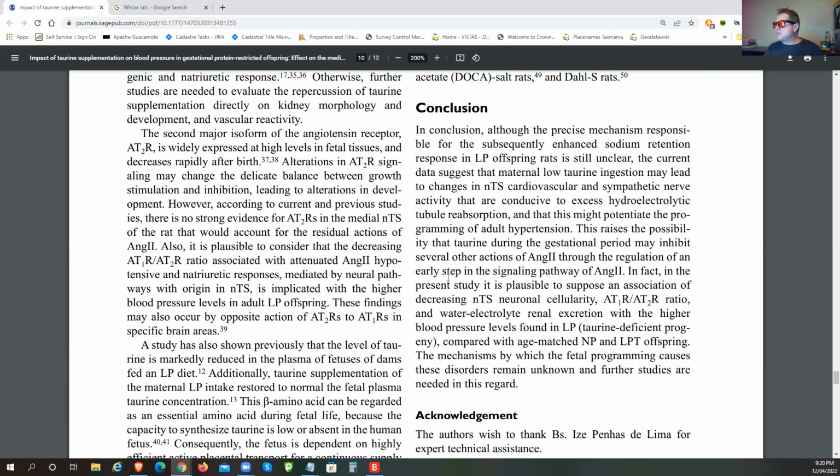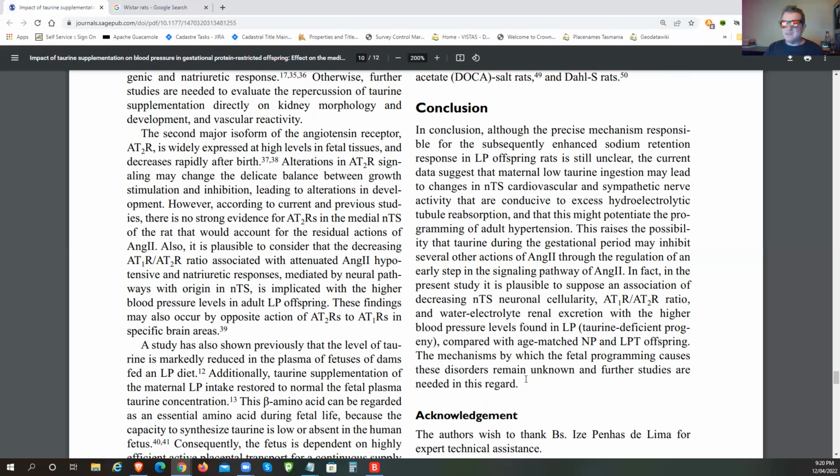In fact, in the present study, it is plausible to suppose an association of decreased NTS neuron cellularity, blah, blah, blah, with water electrolyte renal excretion and the higher blood pressure level found in LP taurine-deficient progeny compared with age-matched NP and LPT offspring. The mechanisms by which fetal programming causes these disorders remain unknown, and further studies are needed in this regard.